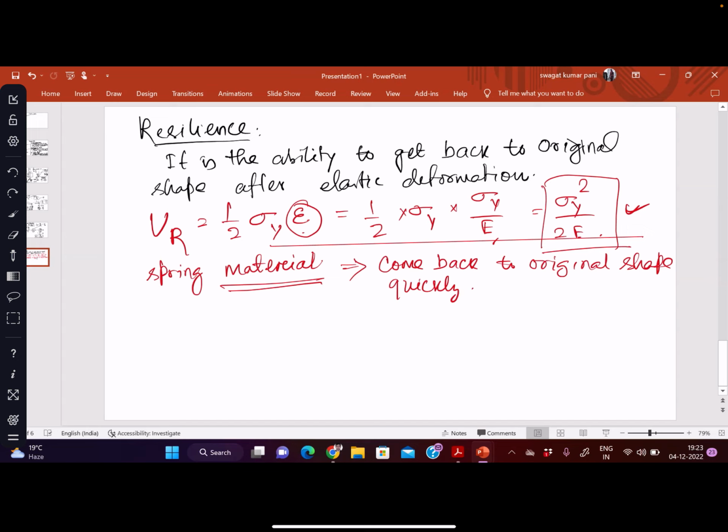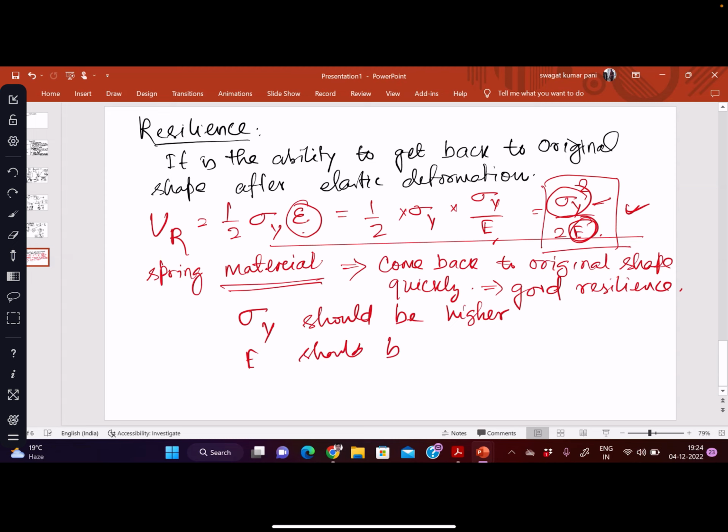So what should the yield strength be, and what should the elastic modulus be, for good resilience? We see here yield strength is directly proportional to this, so sigma y should be higher, and elastic modulus is in the denominator, so it should be lower.